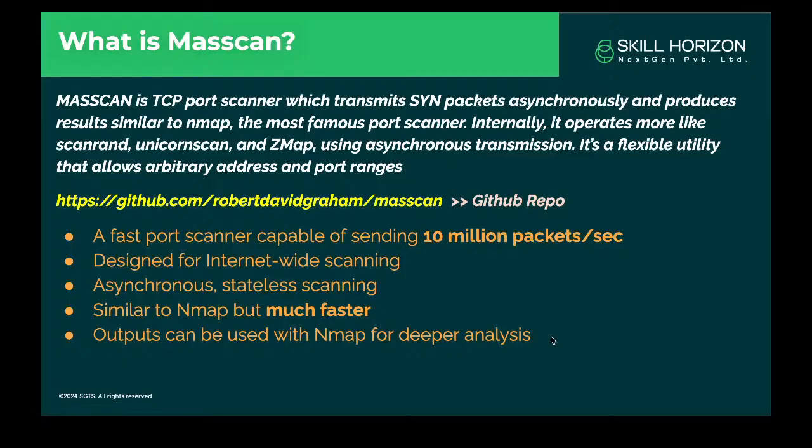Nmap is basically the most famous port scanner, but internally Masscan operates more like Scanrand, Unicornscan, and ZMap. These are some other tools known as fast port scanners. This is the GitHub repository from which you can download and install Masscan on your system.